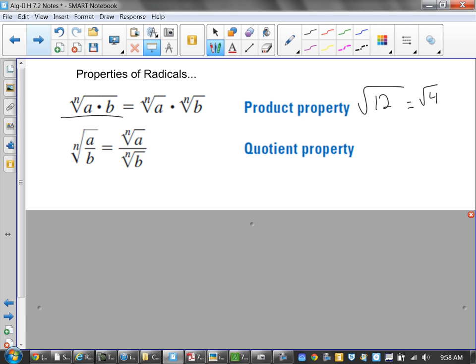The reason you could do that was this product property. You had the same nth root, you just broke it into multiplication. Split them apart. It allows you to simplify. This same process is going to allow you to simplify nth roots: cube roots, 4th roots, 5th roots, and so on.